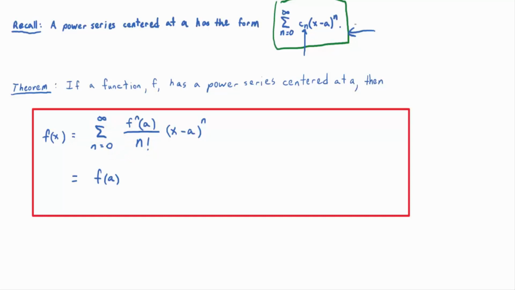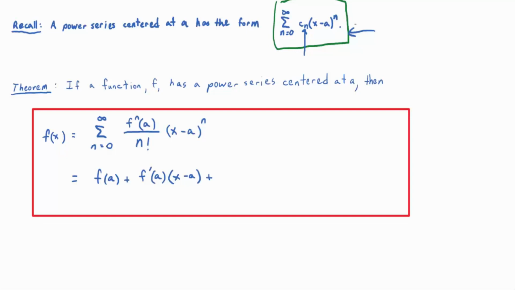So you just get f of a for the first term. And then writing it out longhand, next you plug in n equals 1, which means you're taking the first derivative, we'll call it f prime here, evaluated at a, divided by 1 factorial, that's just 1, times x minus a to the 1 power. That would be the second term.